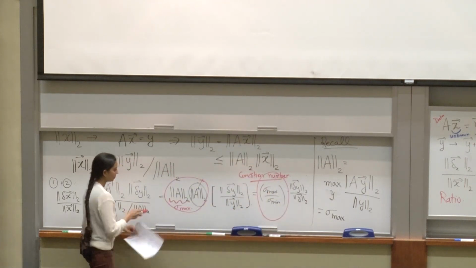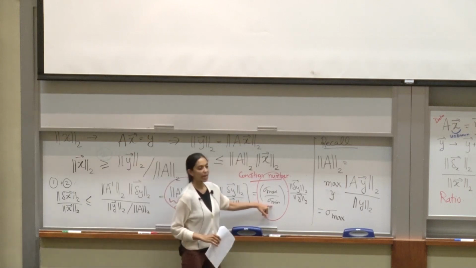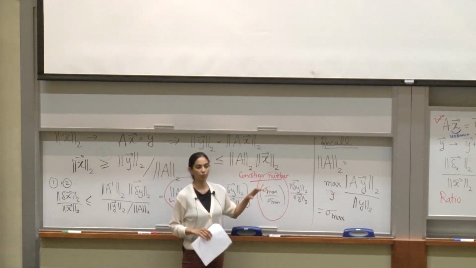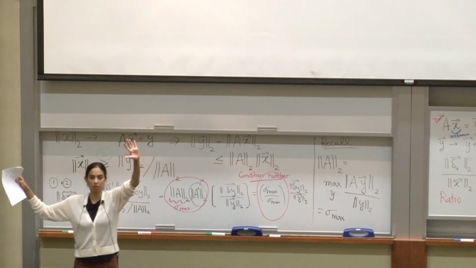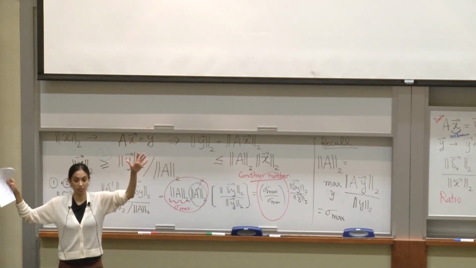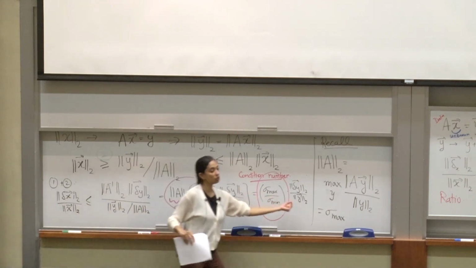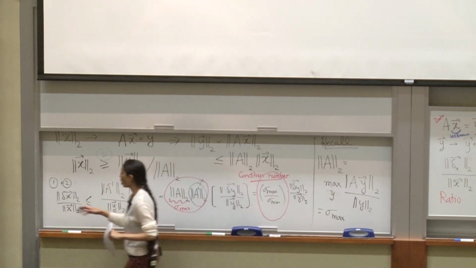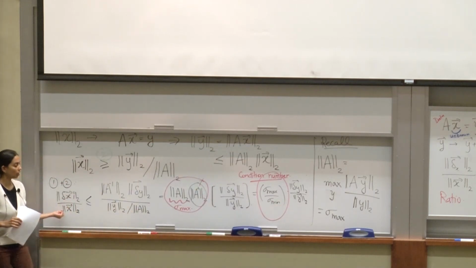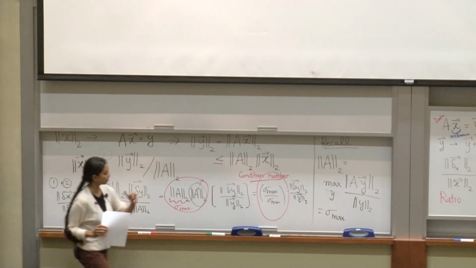What it's saying is that if the ratio between your largest and your smallest singular values is very large, if this is big, then a small change in your measurement will cause a small, sorry, got that wrong.